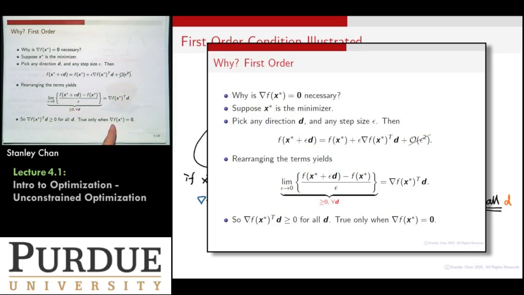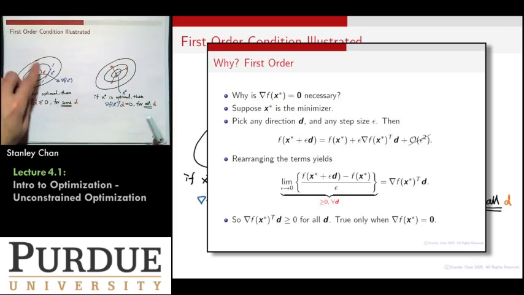The only way to make it happen is that the gradient has to be 0. If you can ever find a gradient that is non-zero, then I can always find another d that makes it smaller than 0. So for this inequality to hold, the only possibility is for the equality to hold for all the d's.